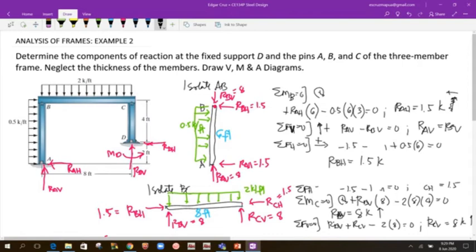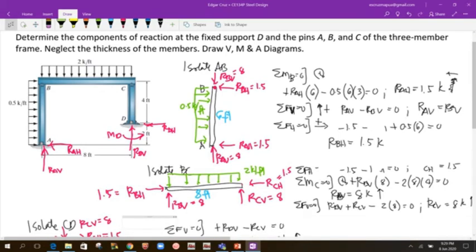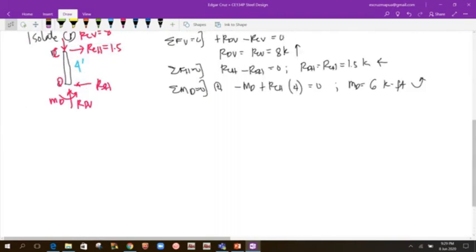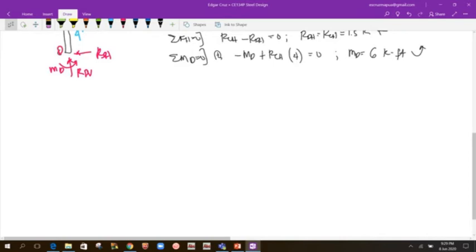For AB, so 0.5, actually, ito yun, no? So let's have here the diagrams.